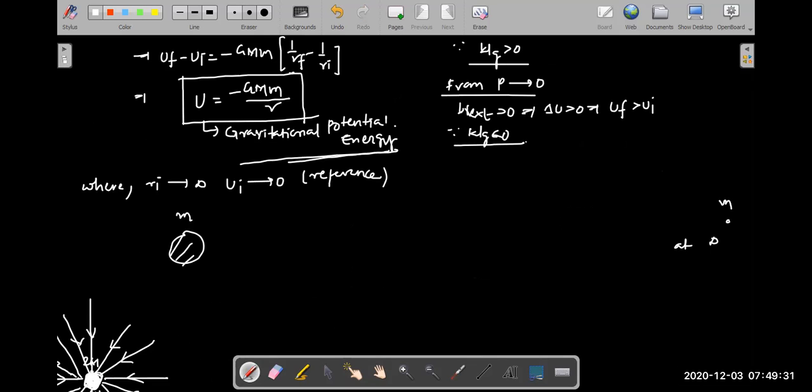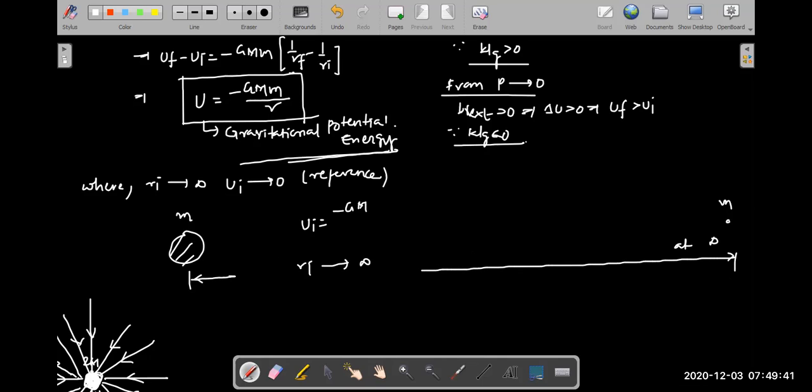At infinity, the initial gravitational potential energy is minus G capital M small m by R initial. R initial is tending to infinity, so the overall value will tend to 0. So this we take as the reference potential.